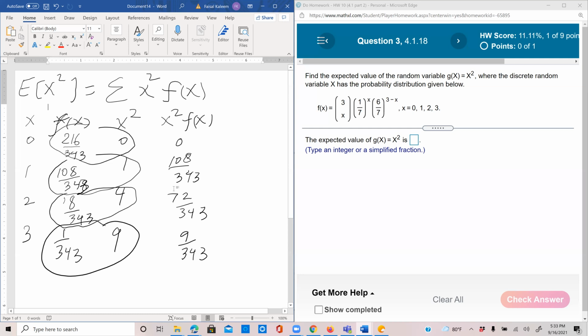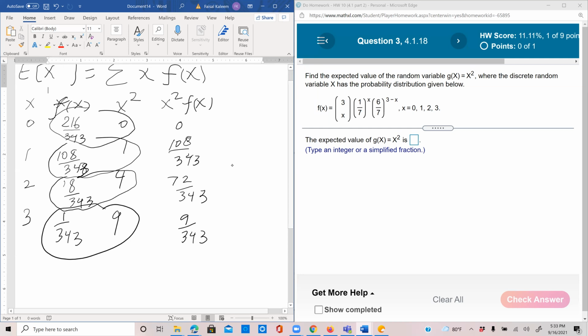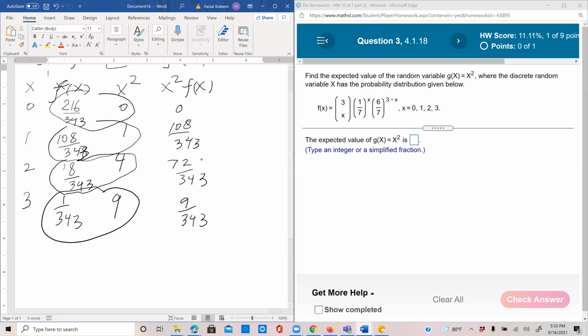And we need the summation of x squared f(x). So summation means you sum all these values. So 0 plus 108, they have a common denominator, so just writing it like this.